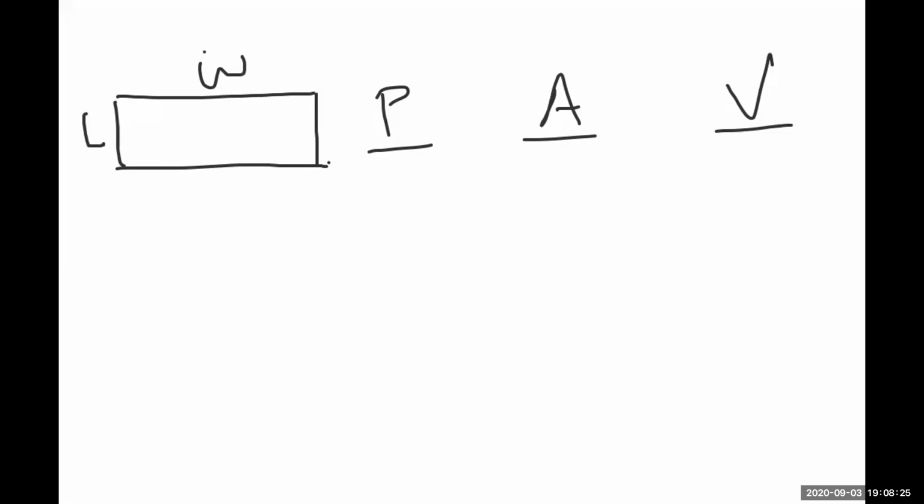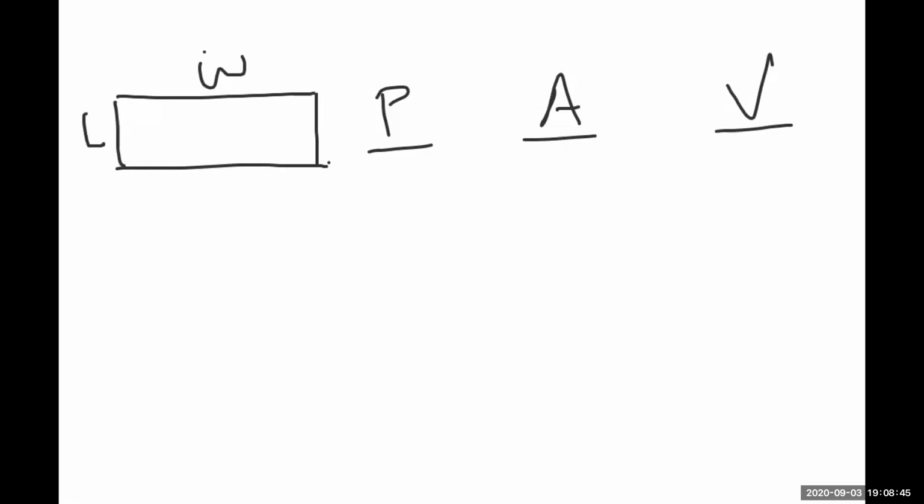Okay, let's just call the top line a width, because that's the width of the rectangle, and the shorter line the length. You could call it the height, you could call it whatever you wanted, but let's just keep it simple, L and W, okay?